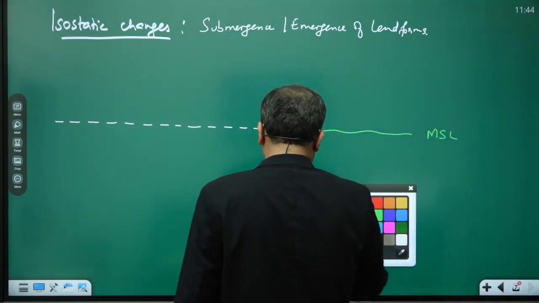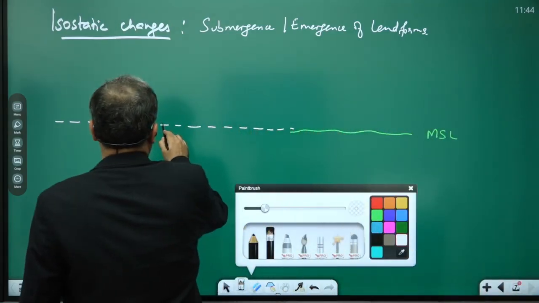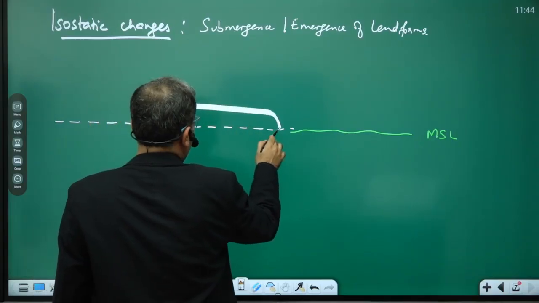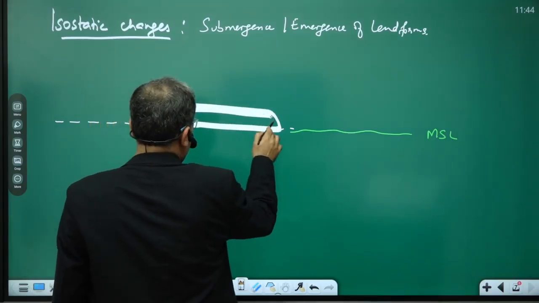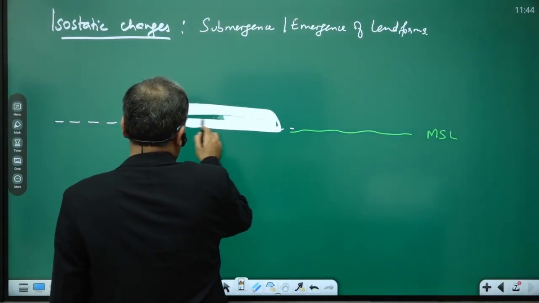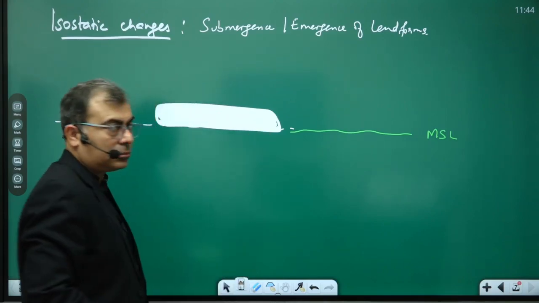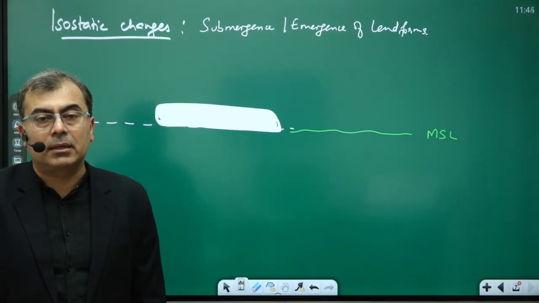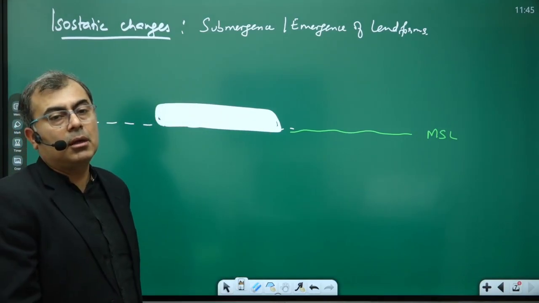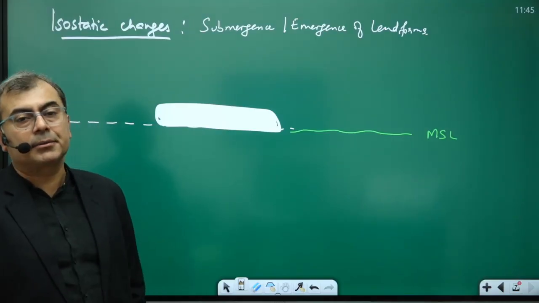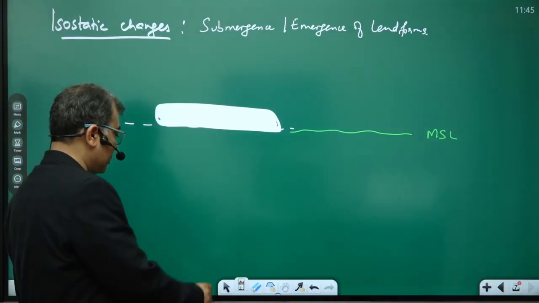Now what happens is, everyone, during the ice age, ice comes. Is ice heavy or not? What will happen to the land here?